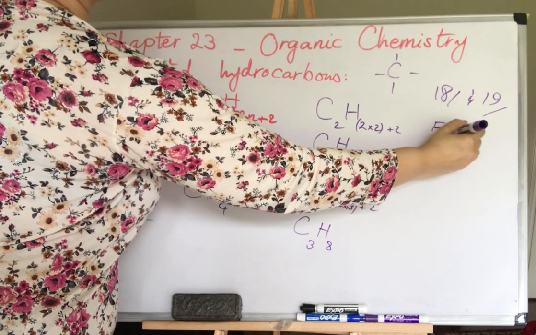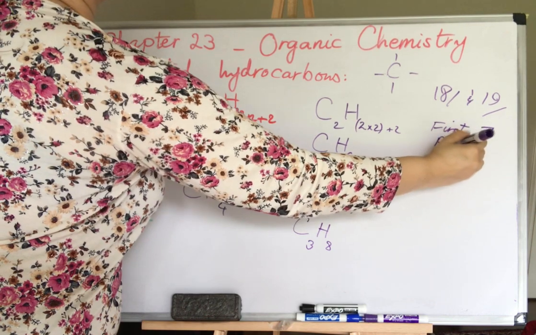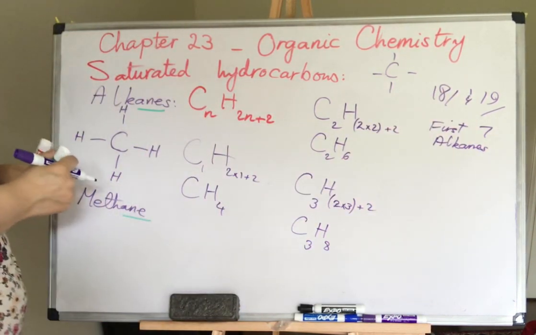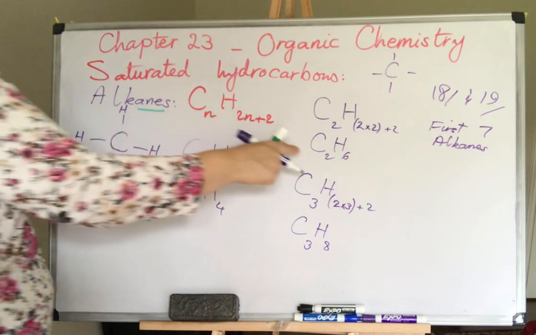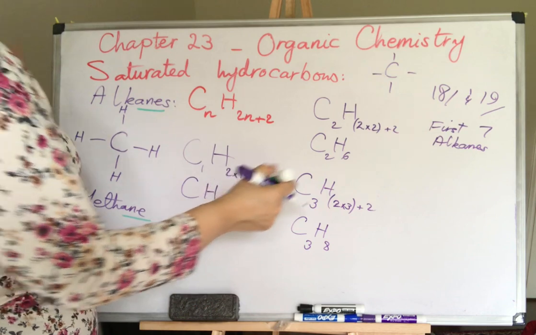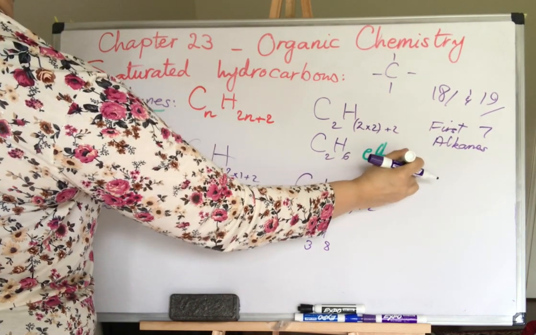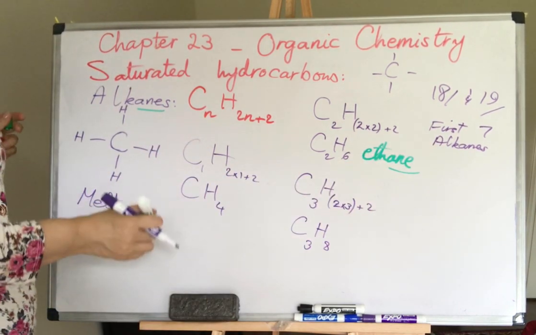Try to memorize them, it will be really useful. So based on slide number 18, what is the name of the second alkane? It's called ethane. Methane, ethane. In any case, they end in A-N-E.